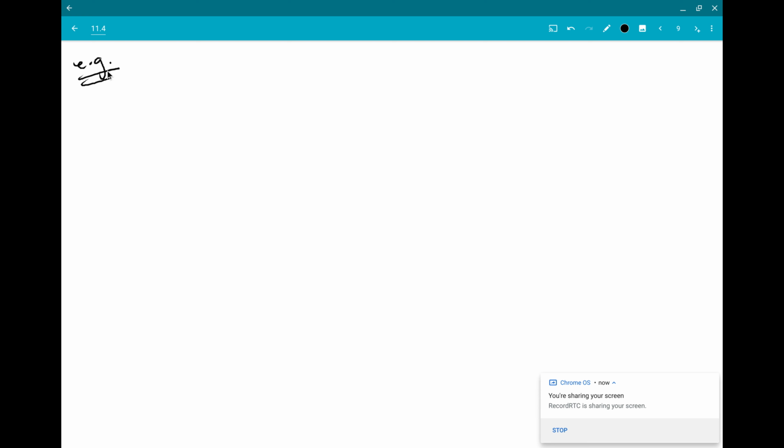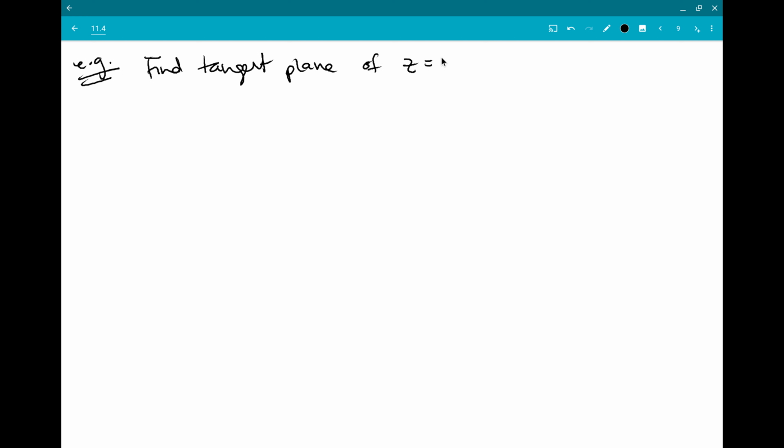An example of computing the equation for a tangent plane is that we want to find the tangent plane of z given by the inverse tangent, the function, not tangent like we're talking about it, of y over x at (1, root 3).